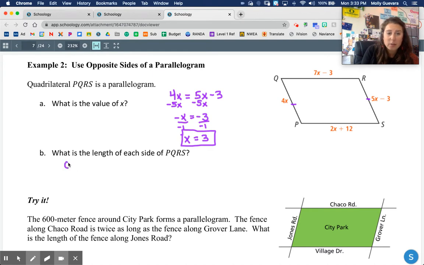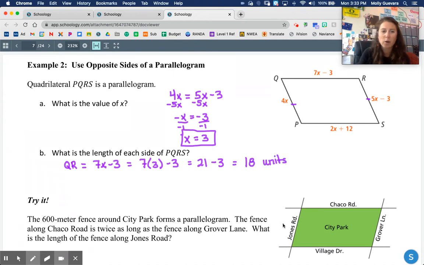Let's start with QR. QR is 7x minus 3, but I know x is 3. So 7 times 3 minus 3, which is 21 minus 3, which is 18 units. So that is the length of QR.